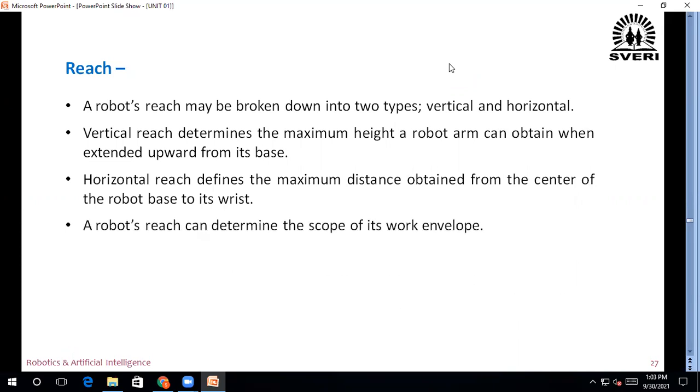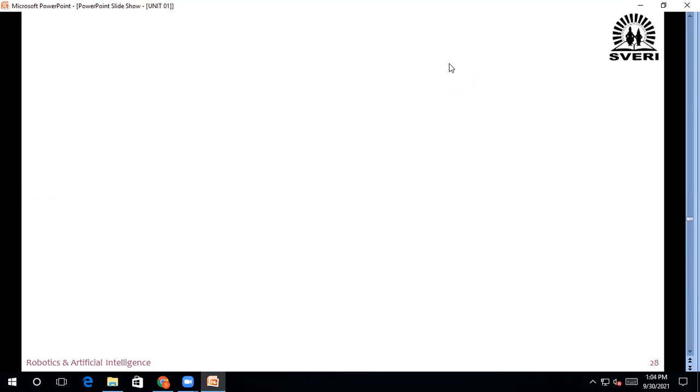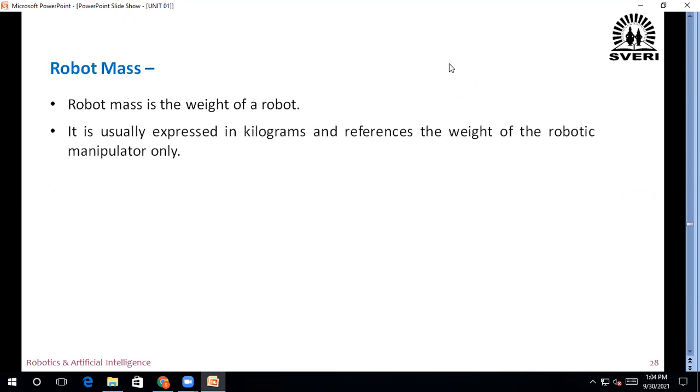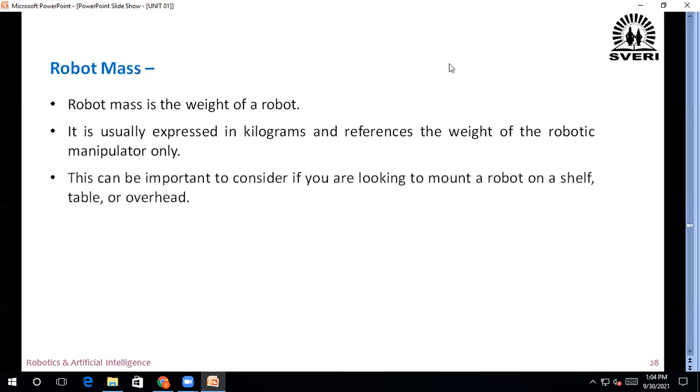A robot's reach can determine the scope of its work envelope. Now next is robot mass. Robot mass is the weight of a robot. It is usually expressed in kilograms and references the weight of the robotic manipulator only. This can be important to consider if you are looking to mount a robot on a shelf, table, or overhead.